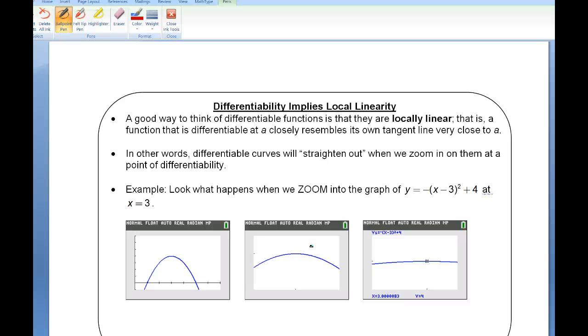So picture these lines. Wherever you zoom in, that's like a tangent line. If I zoomed in on another spot, say 2, if I kept zooming in, eventually it's going to look like a straight line. That's what our tangent would be, and the slope of that tangent is our derivative.